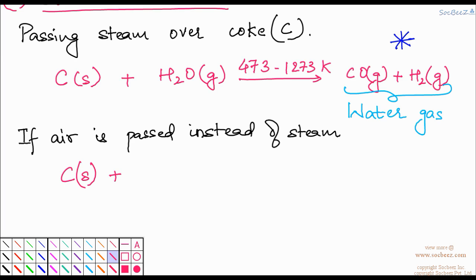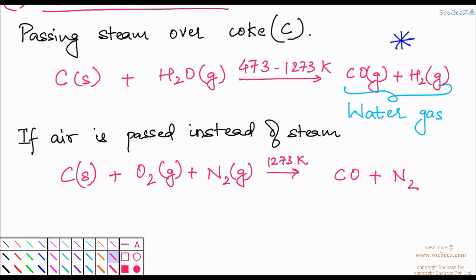Air contains primarily two gases, nitrogen and oxygen. So instead of air I am writing oxygen gas and nitrogen gas. This would produce, at a temperature of 1273 Kelvin, carbon monoxide plus nitrogen. Nitrogen is again liberated.